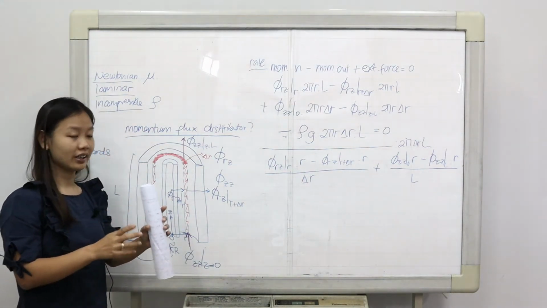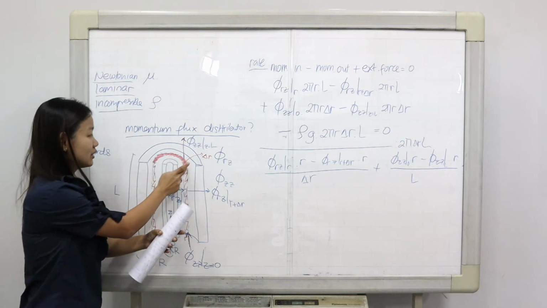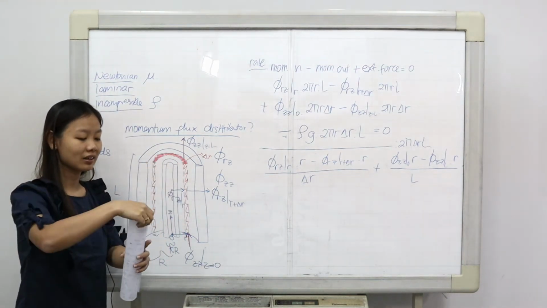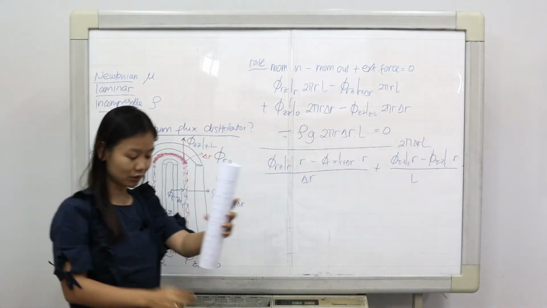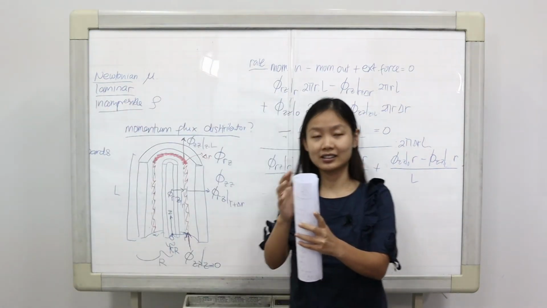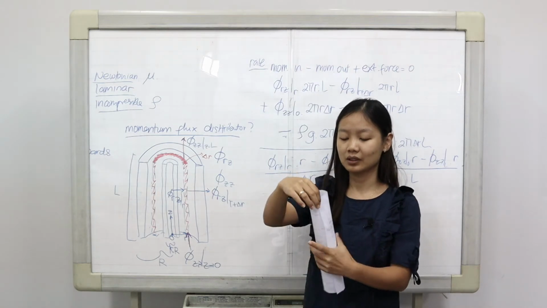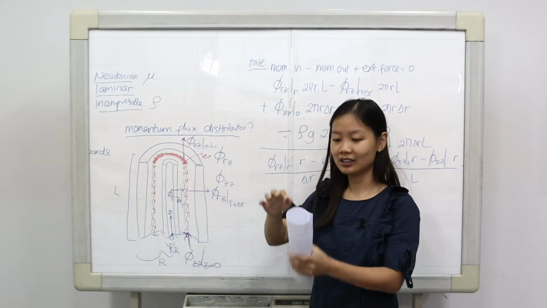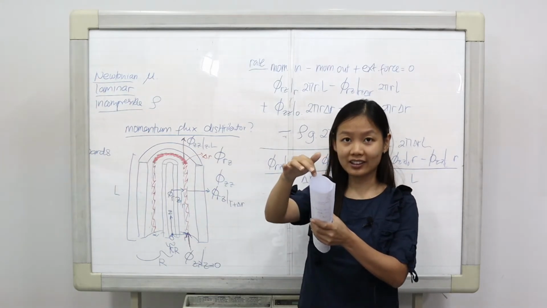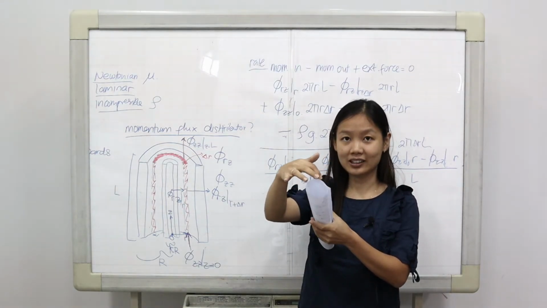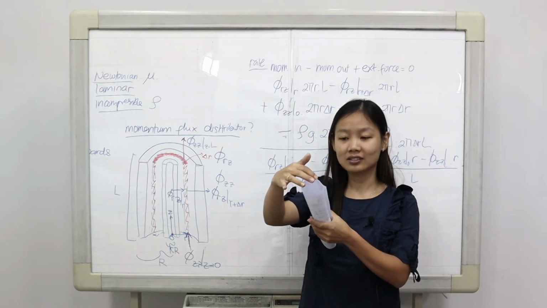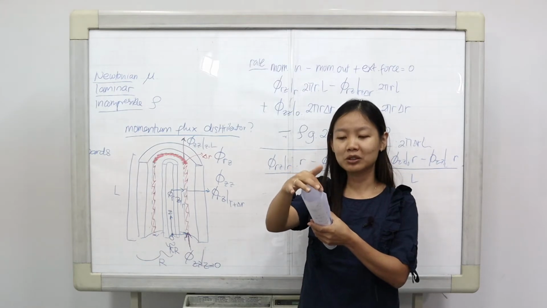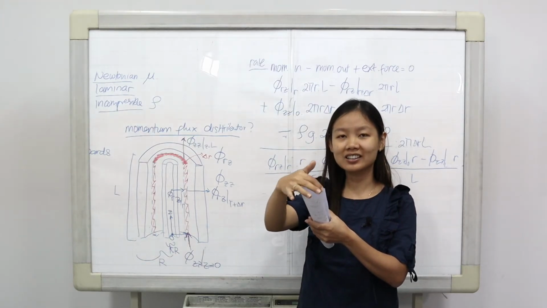Let's make this our shell. The shape is a cylinder. So the perpendicular area to the phi zz is actually this area. How do we determine this area?